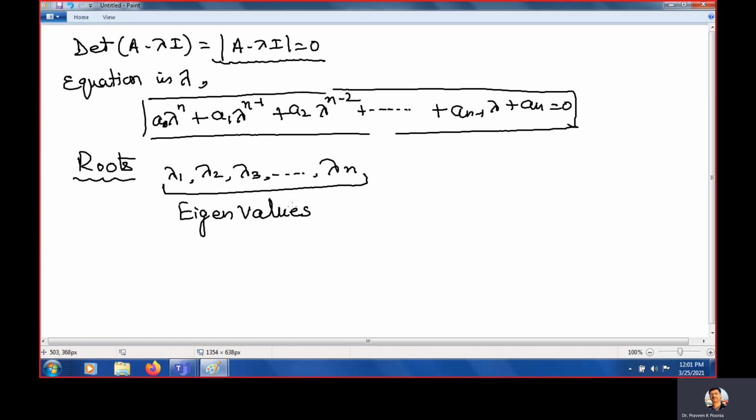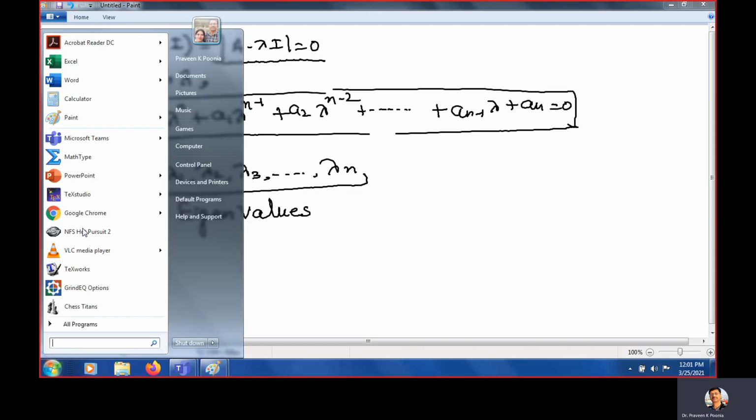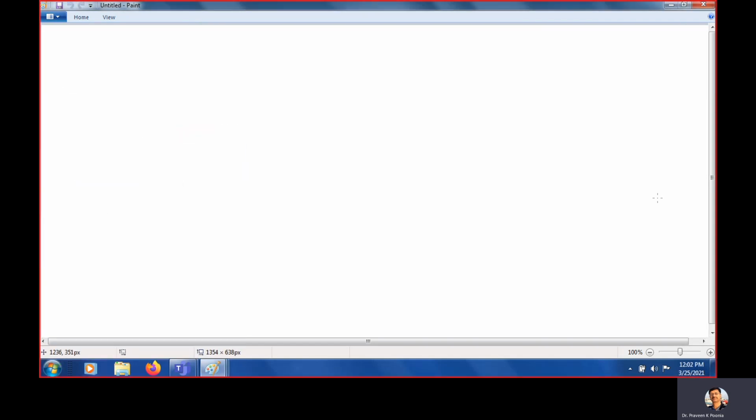So first we are going to discuss some examples related to matrices, and then I will explain some important properties related to eigenvalues. So first we will solve two examples.